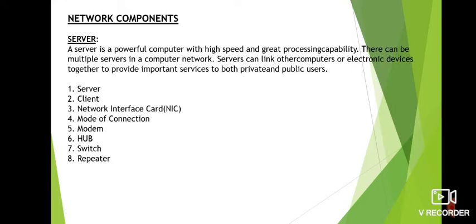A server can link other computers or electronic devices together to provide important services to users. In other words, we can say that a server serves services to its connected clients. So this is the most important networking component.